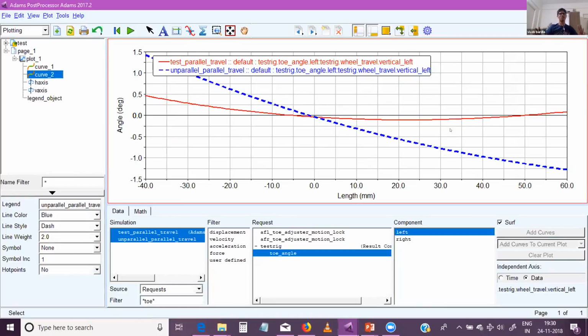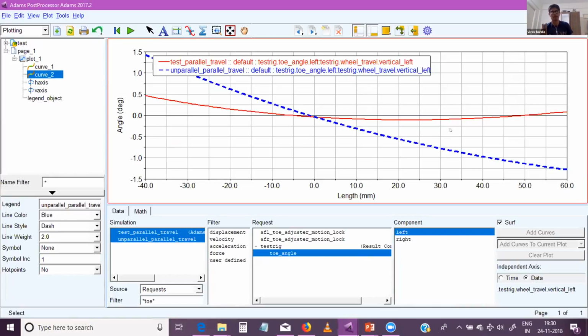Ideally, we would like to have 0 degrees of toe. So this is the problem of bump steer, and changing the length and position of the tie rod are the most effective ways of solving it.